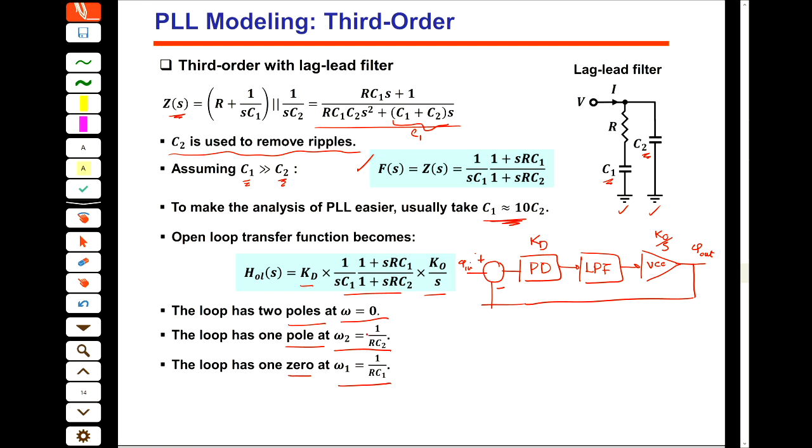Actually, this is minus because it should be stable. I mean, the poles should be in the left hand side. This is 1 plus SRC.